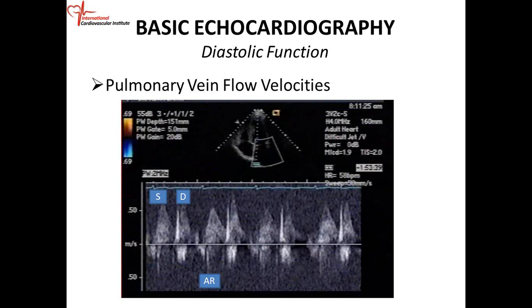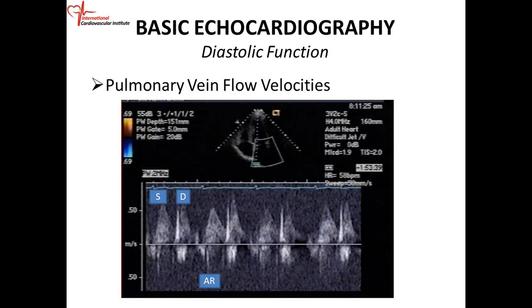So if you just step back and look at what happens in the left atrium, your pulmonary veins drain into the left atrium. So in ventricular systole, when the ventricle is contracting, of course, the mitral valve is closed. You still have blood flowing in the pulmonary veins into the left atrium.